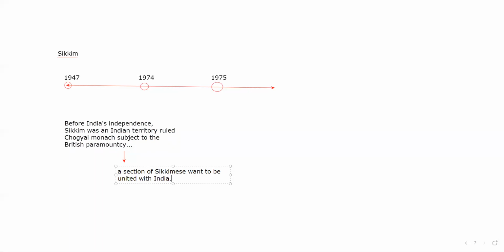But because of the Chogyal's monarchy, and because of the strategic location of the state, it could not become possible. The full-fledged merger was not possible.